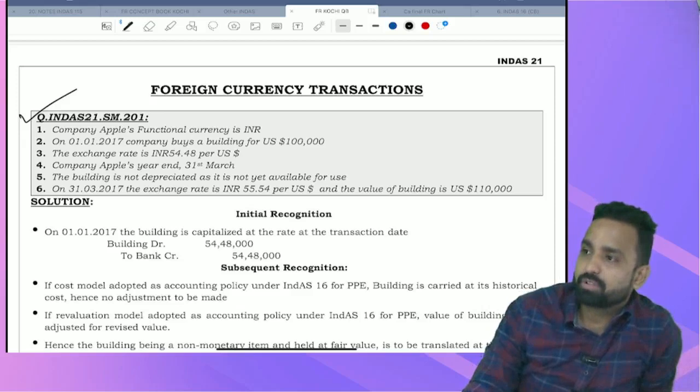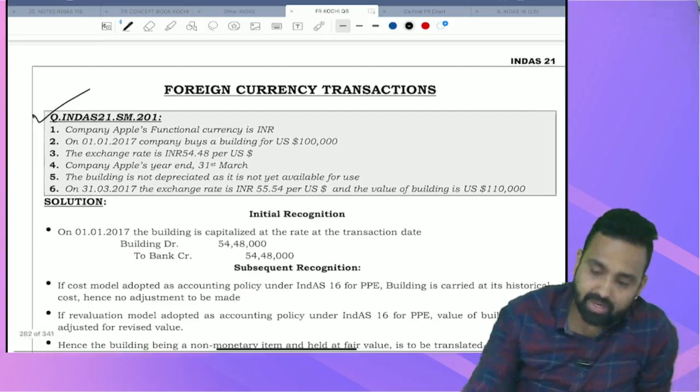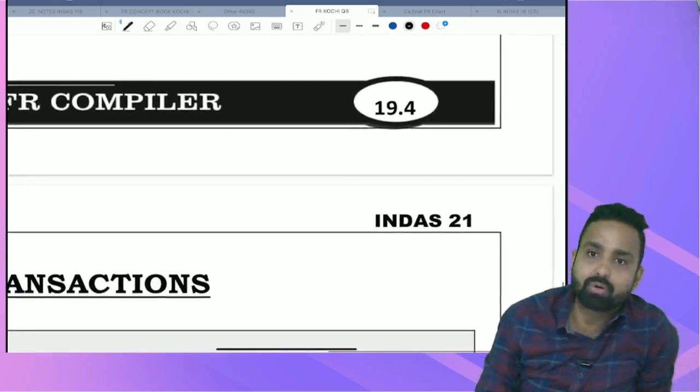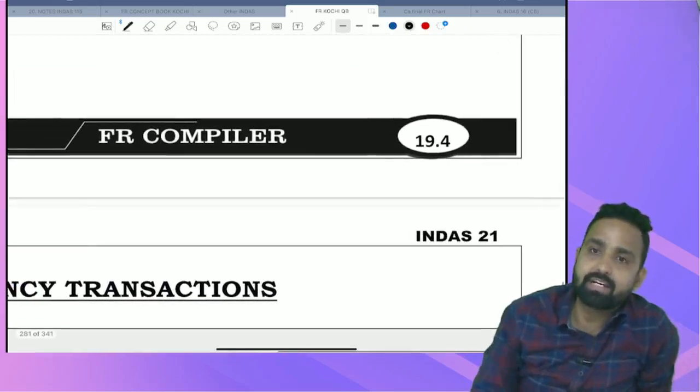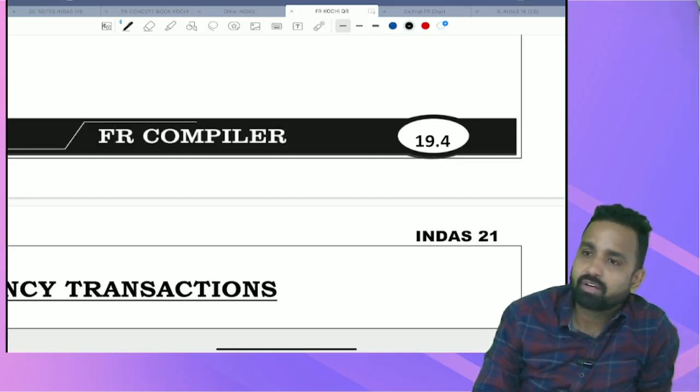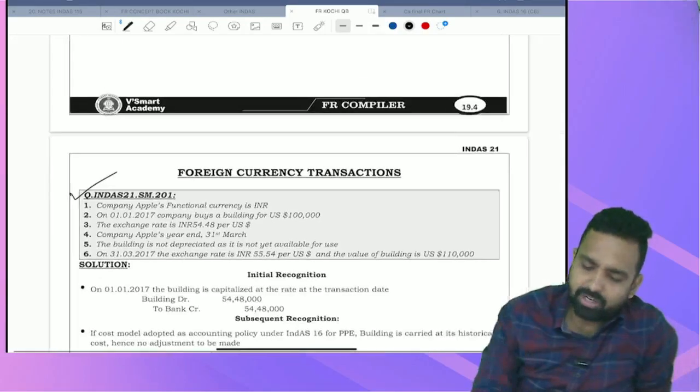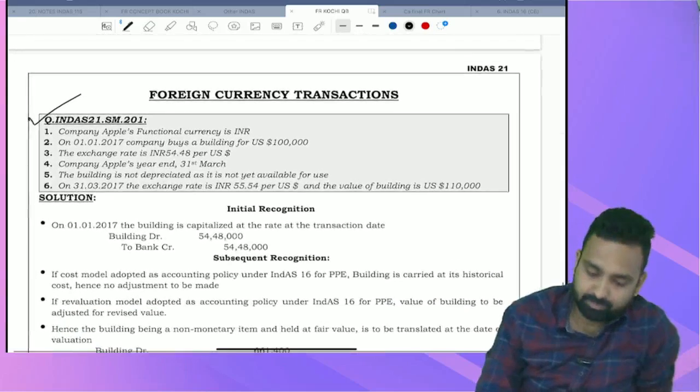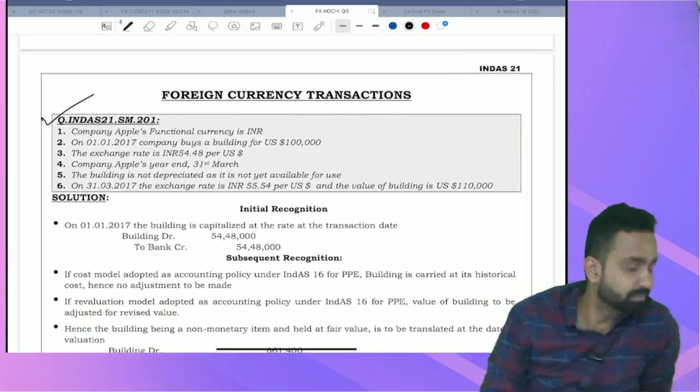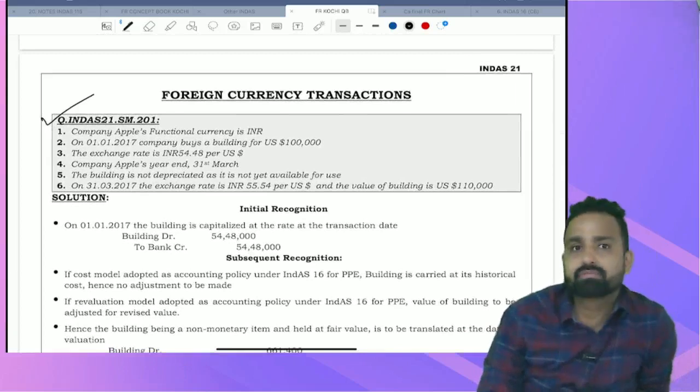Not the last page. 201, it's page number 19.4. 19.4, 19.5, same. Okay, read this question. Alright, keep quiet.